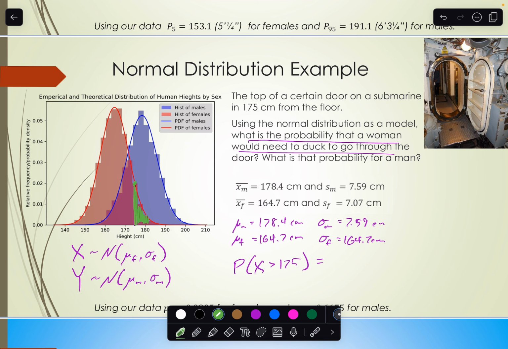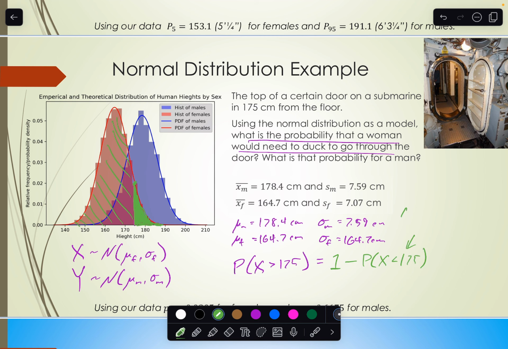Now I want to see what proportion of females is going to be greater than that. So I'm looking for this area which is to the right of that value. Now Excel doesn't give probabilities to the right, so I need to find the probability to the left and subtract from 1. That's 1 minus the probability that X is less than 175.